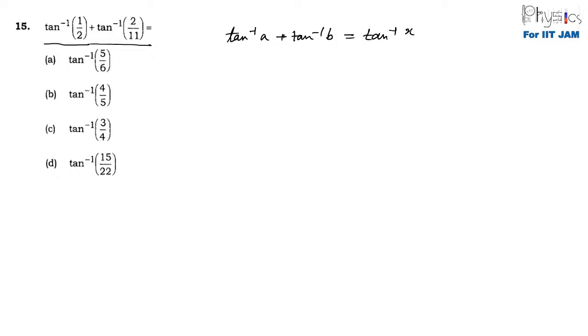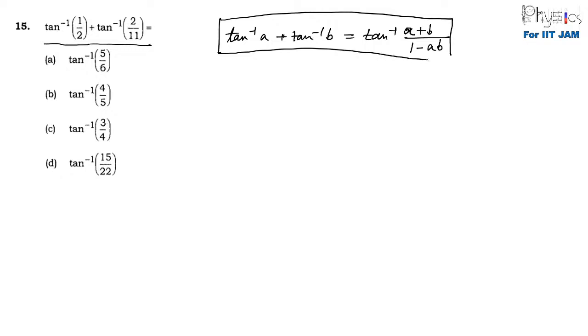Tan inverse A plus tan inverse B equals tan inverse of (A plus B) by (1 minus AB).